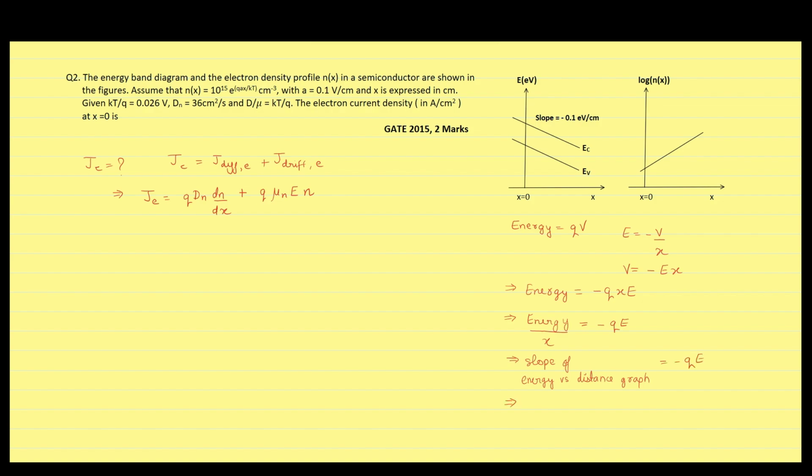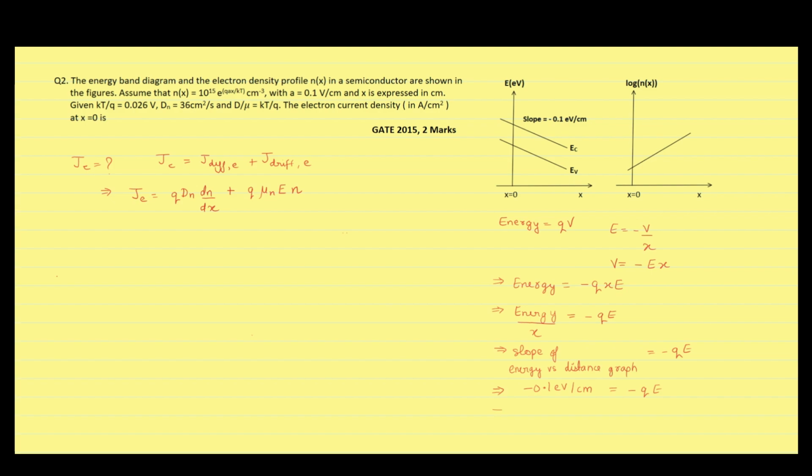Slope is provided as minus 0.1 electron volt per centimeter. Since we are talking about electron, charge will be negative, which will eventually give us electric field to be equal to minus 0.1 volt per centimeter.